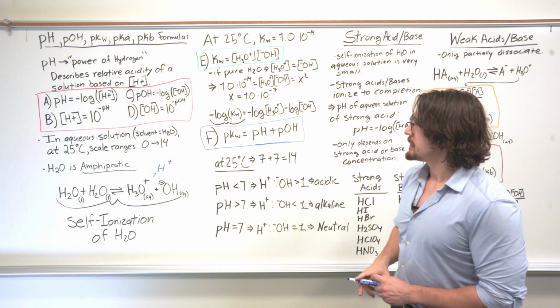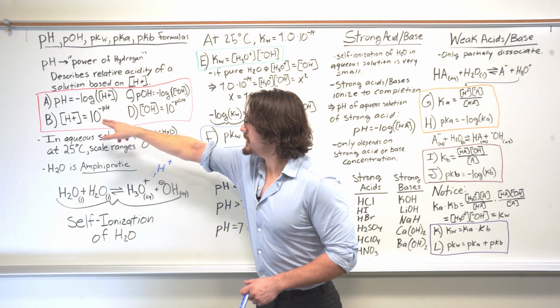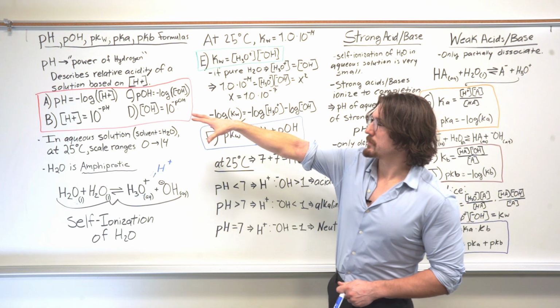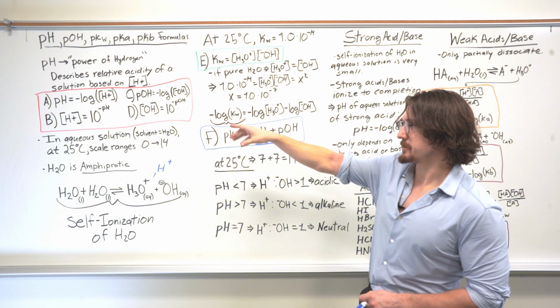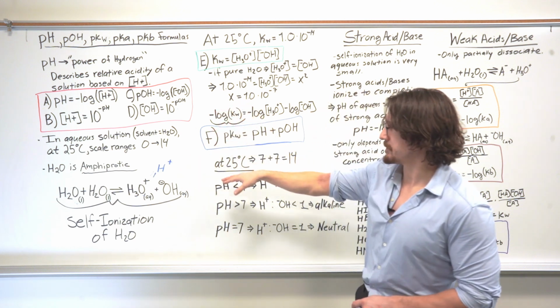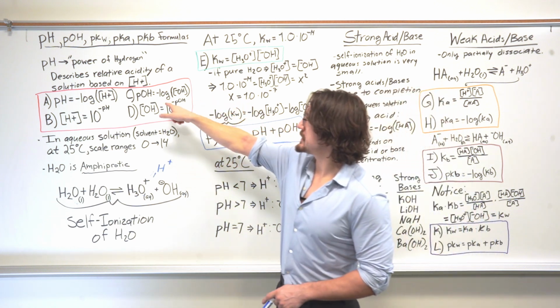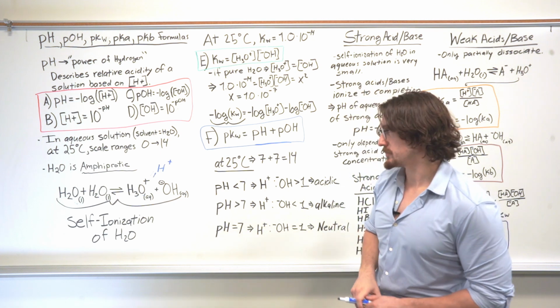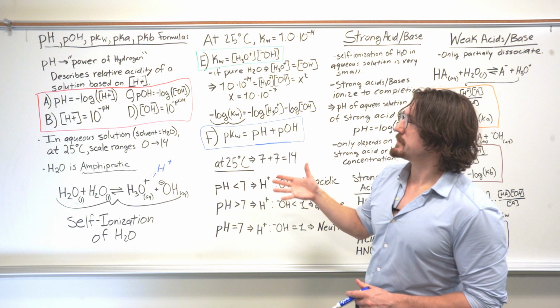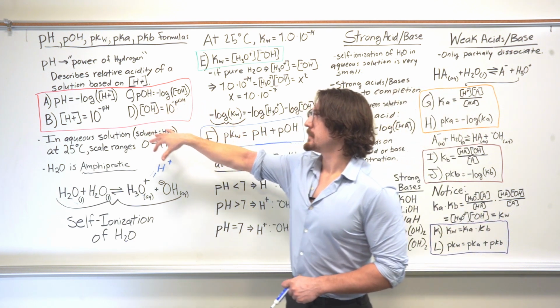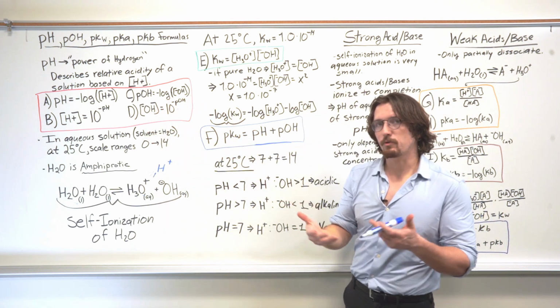Now, remember, the pH you can get by doing the negative log of the proton concentration, which is the same thing as the hydronium, okay? And pOH is given by the negative log of the hydroxide concentration. The utility of that is that usually these concentrations are really small, and so you want to turn them into a number that's more tangible.